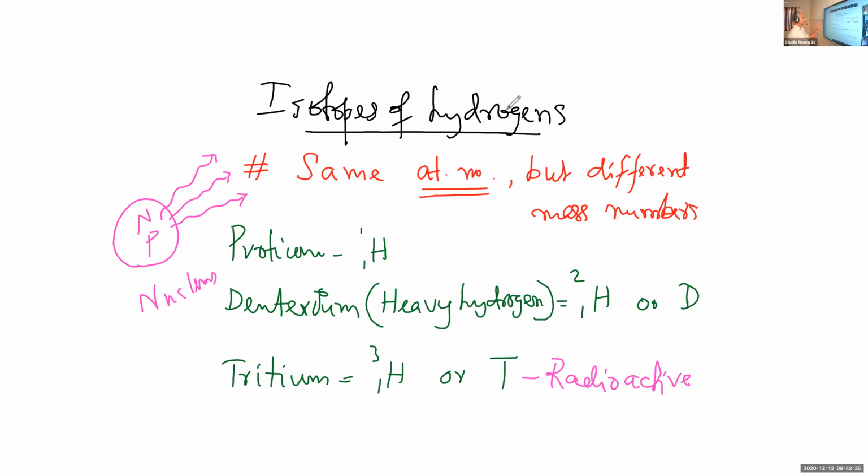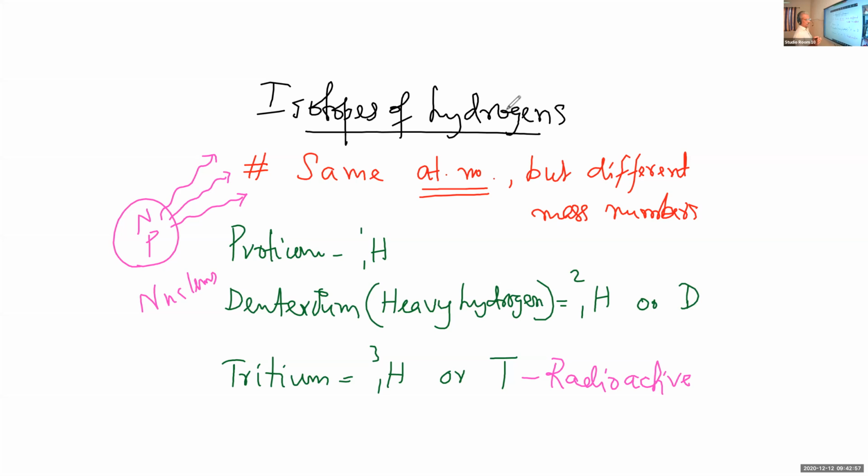There is emission of radiations from the nuclei. These radiations are invisible, and they are called radioactive rays. The process is called radioactivity.